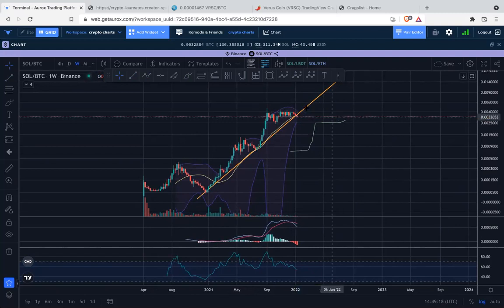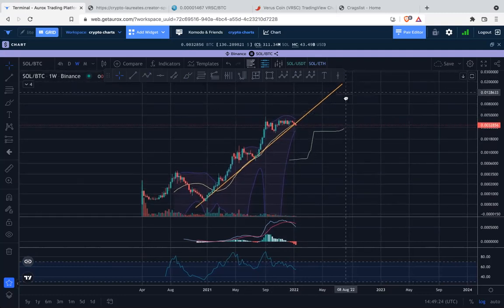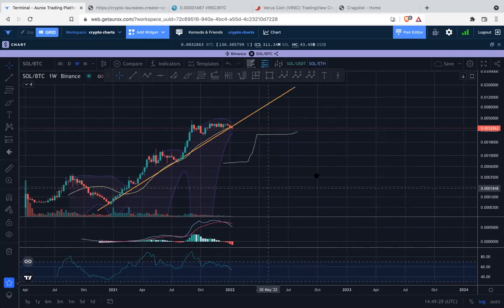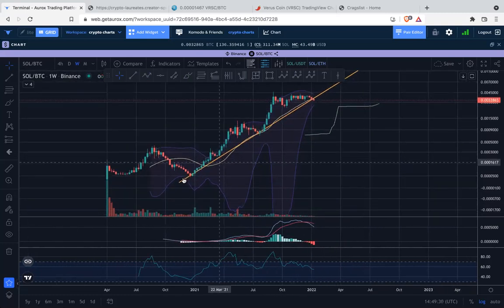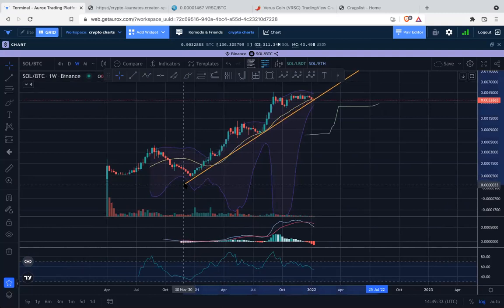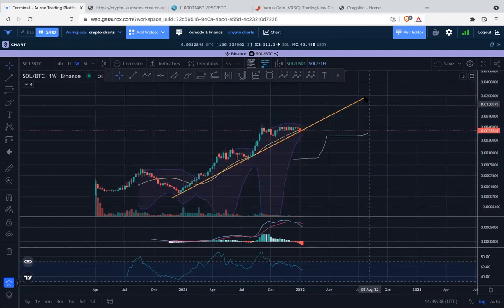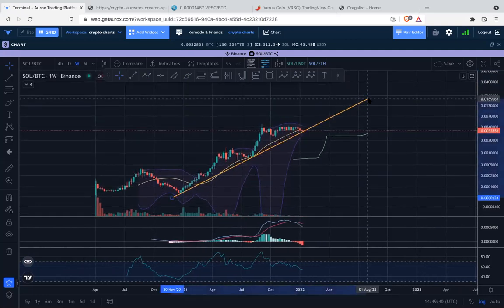And the dump is definitely possible, especially as we start clearing this trend line. Wait a second, we want to keep it a little more clear than this. I don't want to think that it's below the trend line when it's not. So let me just play with it like this, for fun. Let's give all the benefit of the doubt to the intra-week price action and say we are not quite broken down yet. So there is still hope for you yet, Solana.